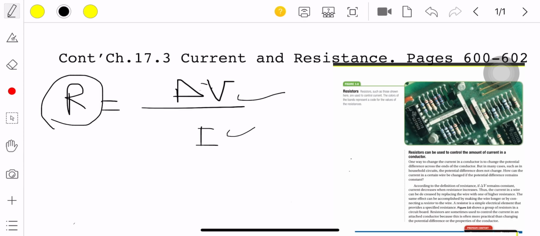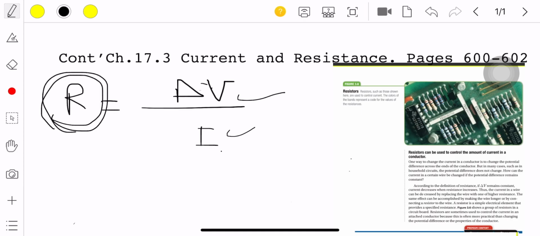Sometimes in your home, you can have just one type of voltage. You will have 220 only. Looks like in Egypt, we don't have 110, we just have 220. In the United States, they have just 110. So here, delta V is constant, and the current will be constant.